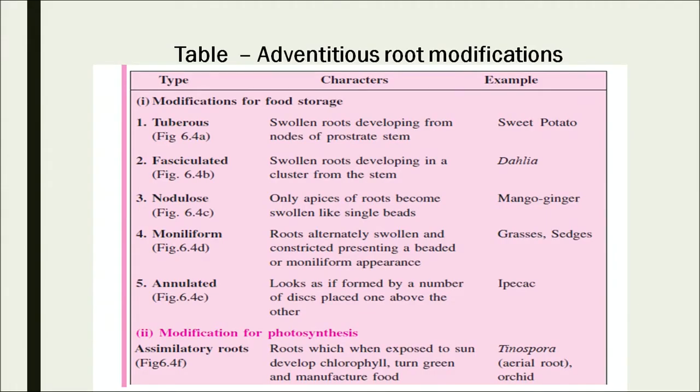So tuberous root is as in sweet potato, and fasciculated root as in dahlia, and nodulous root as in mango and ginger, moniliform roots as in grasses, and annulated root as in ipecac.